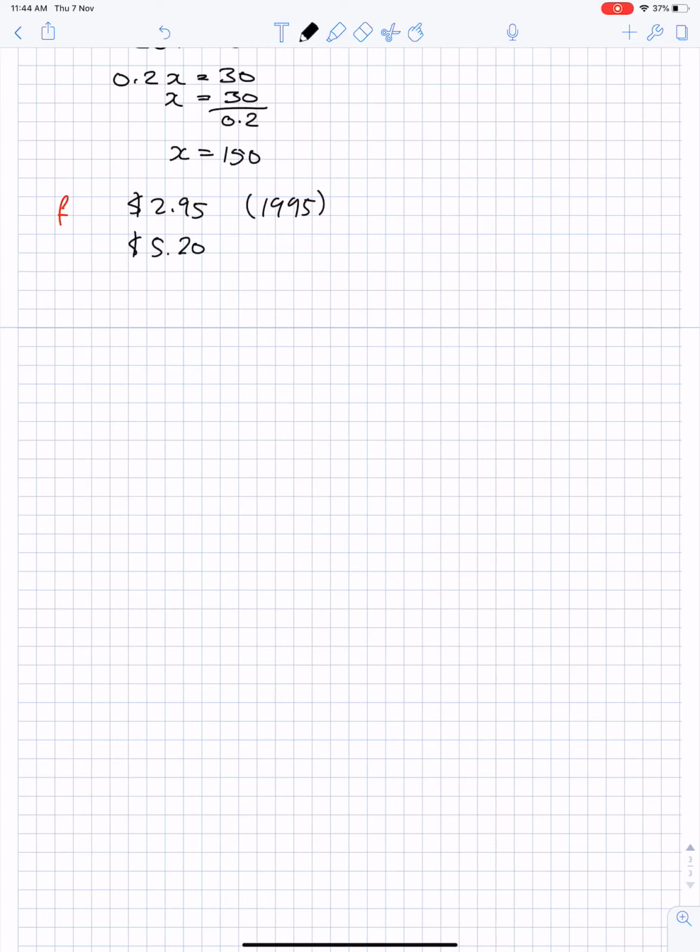Yeah, so basically you go 2.95 divided by 5.2 and times it by 100, and that equals 56.7% increase.